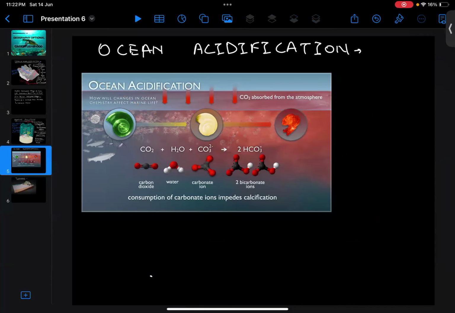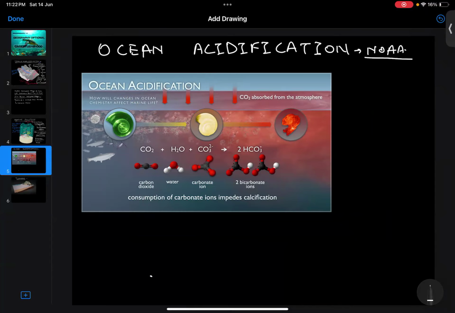One of the recent data sets has been provided by NOAA, which states that ocean acidification has surpassed the planetary boundaries, with 60% of deeper waters crossing the dangerous threshold of acidification.